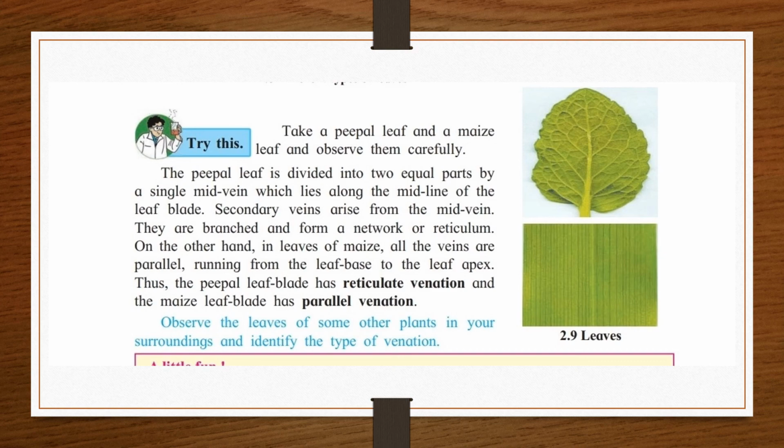When we see the network of the veins, that type of venation is called reticulate venation. And when the veins are parallel to each other along the midrib, such venation is called parallel venation. We see parallel venation in maize leaf, jowar leaf, while reticulate venation we see in other leaves.